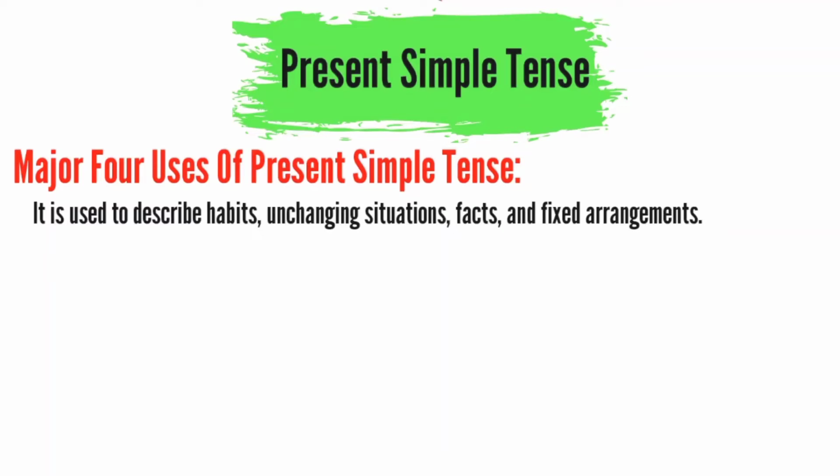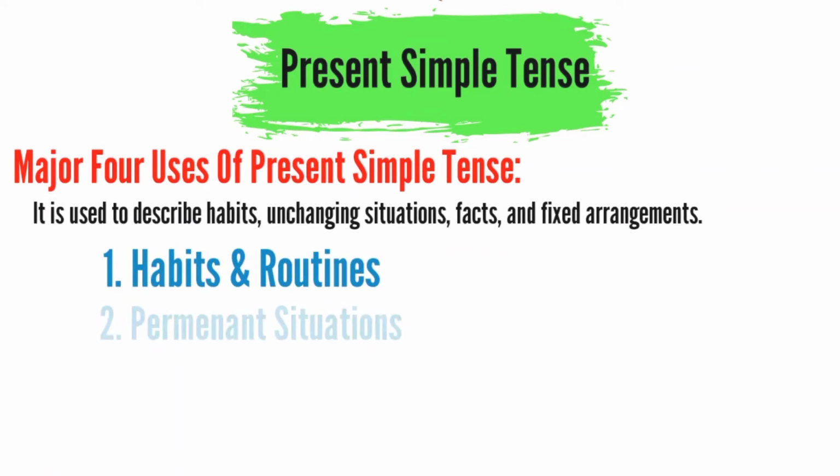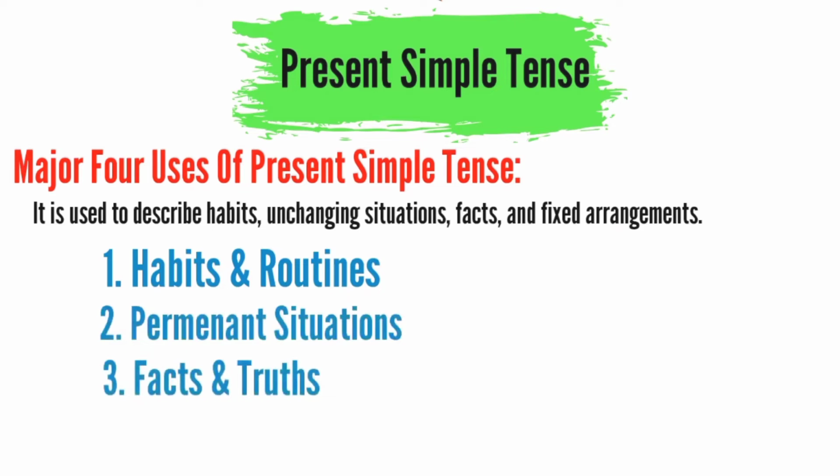If I am making it clearer for you, I want to discuss these four conditions that we are going to discuss. First, habits and routines. The second one is permanent situation. The third is facts or truths of the world. And final is state, which is also known as state verbs. So we'll discuss these four conditions, that where do we use these sentences as a present simple tense.